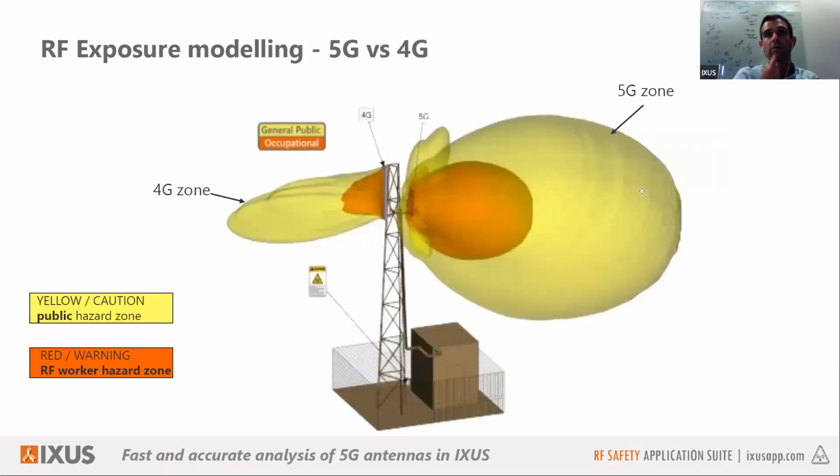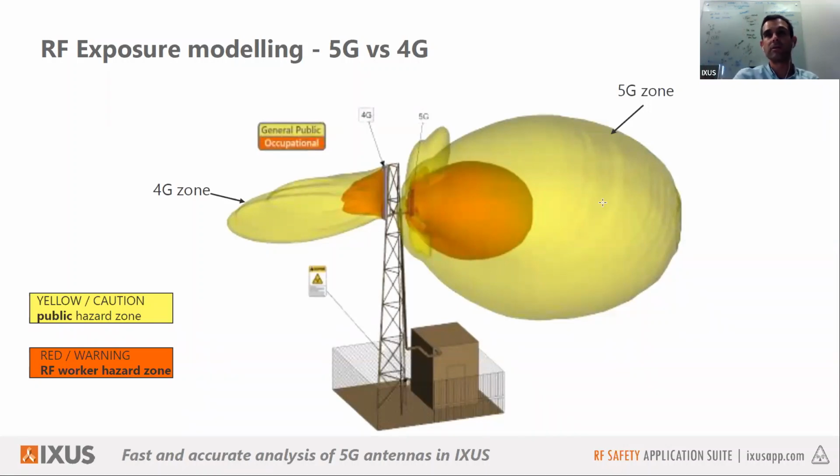So before we can do that, I just want to emphasize a few differences between 5G and 4G systems. Over here you see a fixed beam LTE panel, a conventional 4G system. You see the beams pointed electrically to a particular point in space. And on the right, we have a 5G zone. Now, obviously, I'm not comparing apples to apples.